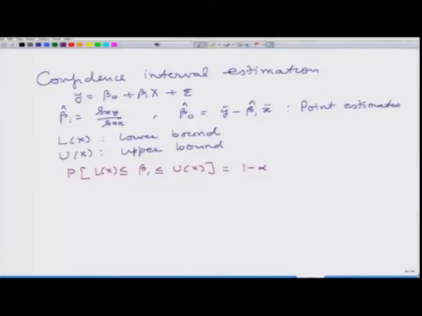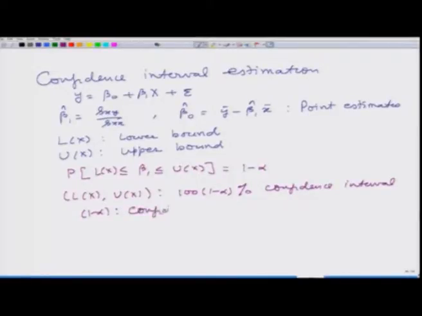This interval is called the 100 times 1 minus alpha percent confidence interval, and 1 minus alpha is called the confidence coefficient.